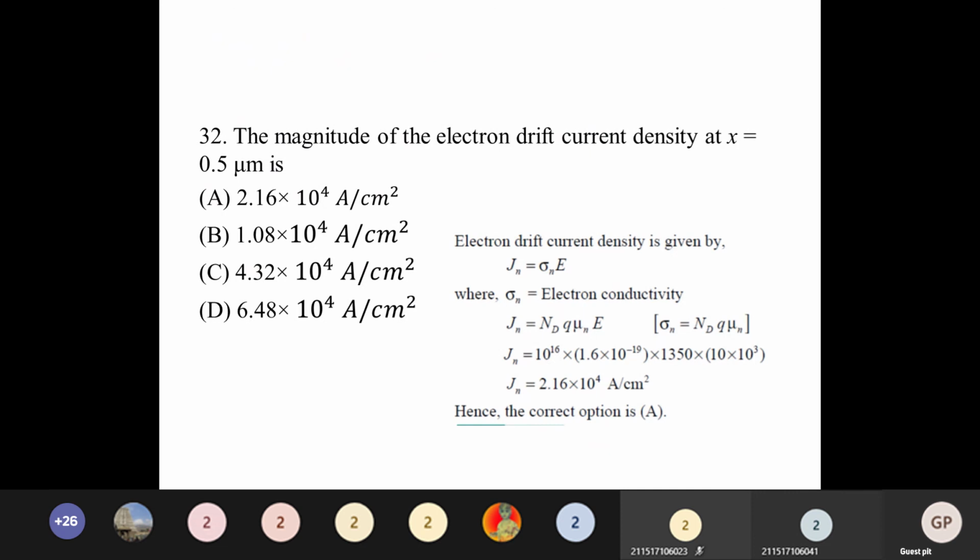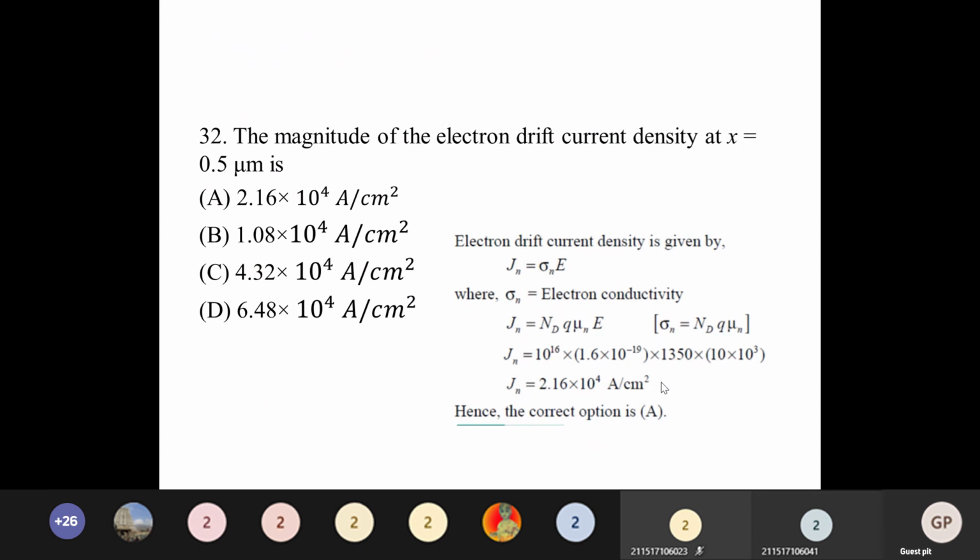Nd, q, mu n, E, everything is given in the problem, in the previous question's given data. Simply substituting, we get the direct answer. So the problem is very easy.